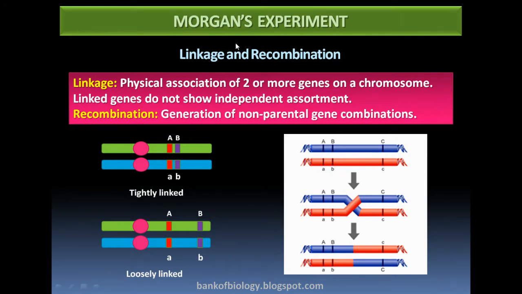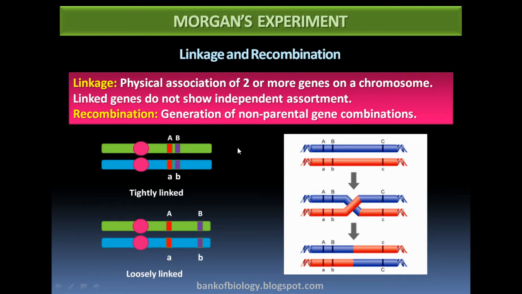Linkage means together. It is the physical association of two or more genes on a chromosome, placed together, or the distance is very small between the two genes, and hence whenever there is crossing over, they do not show independent assortment but rather go together into the next generation.